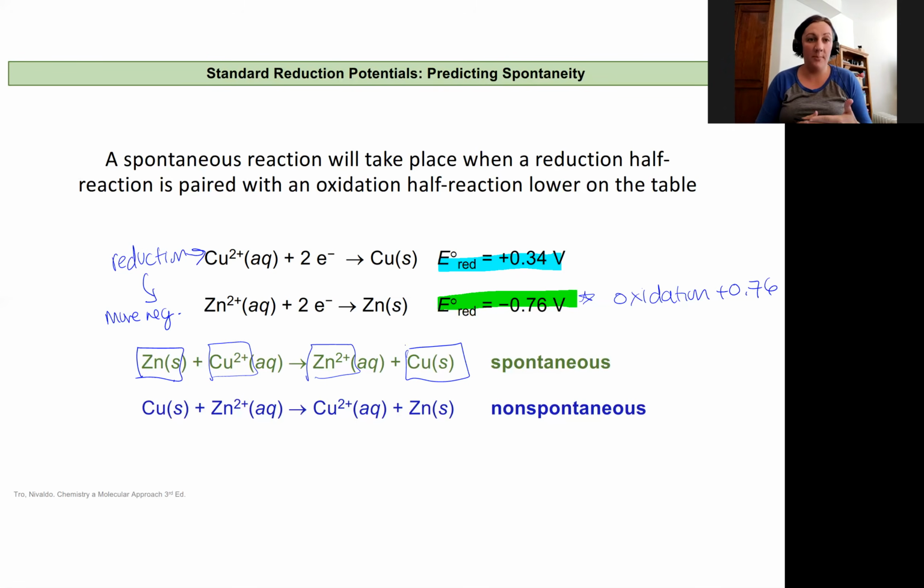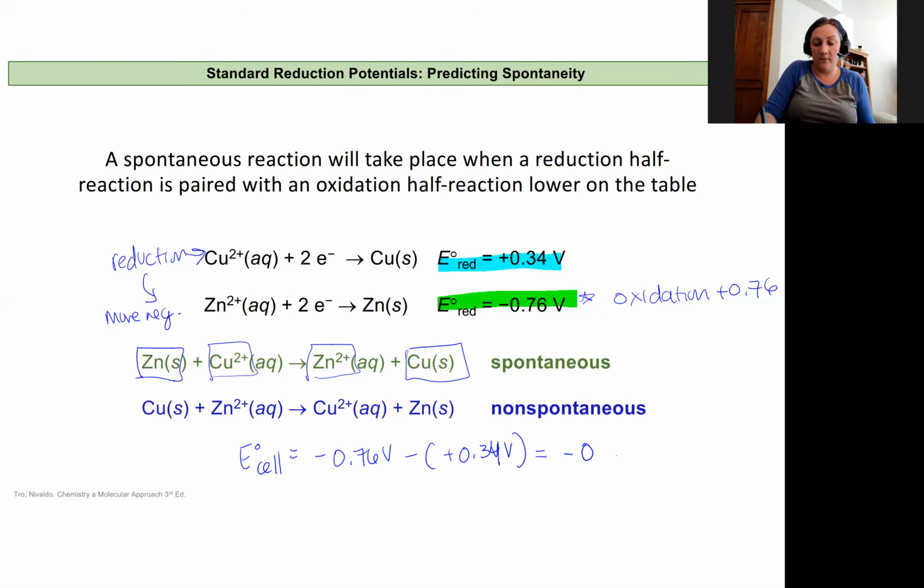Now, if we were to switch it, if we were to make the zinc be reduced and the copper be oxidized, we would see a cell potential equal to our cathode, where reduction is happening. So we're saying zinc will be reduced instead. So it'll be the negative 0.76 volts minus our positive 0.34 volts, which is going to give us a value of negative 0.42 volts, which is not a positive number.